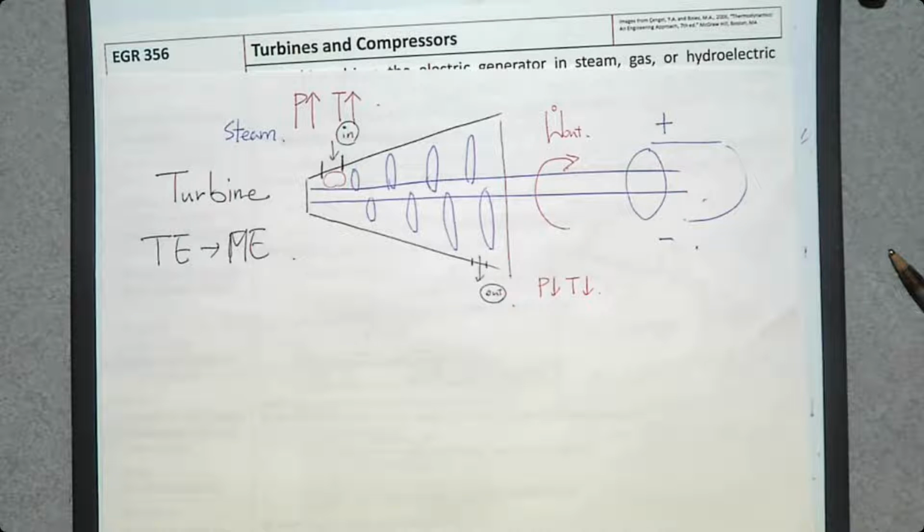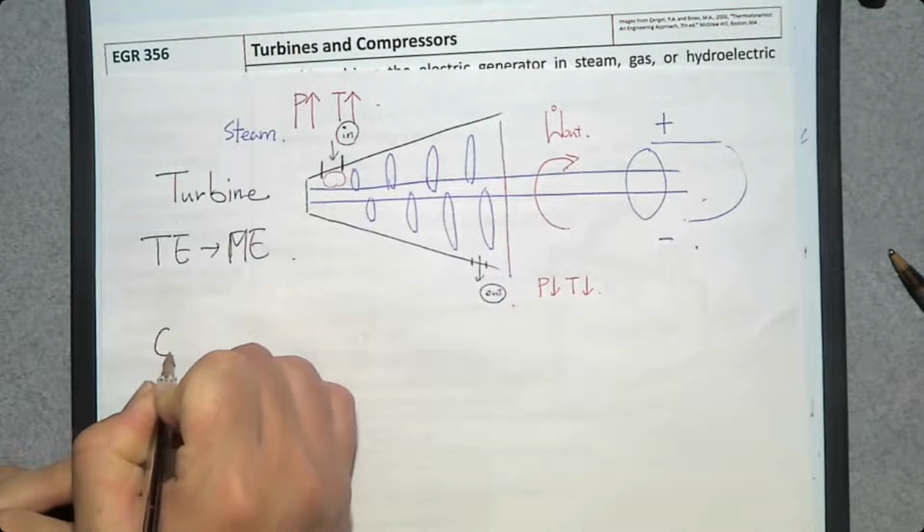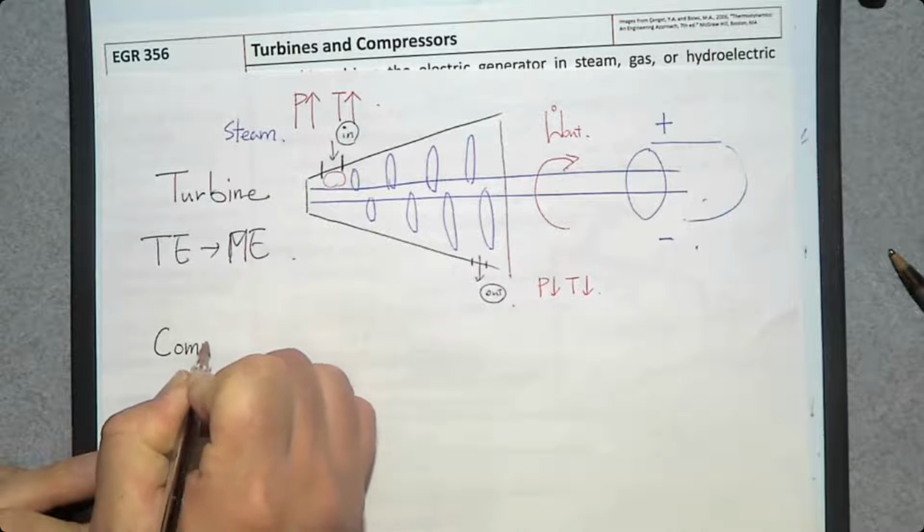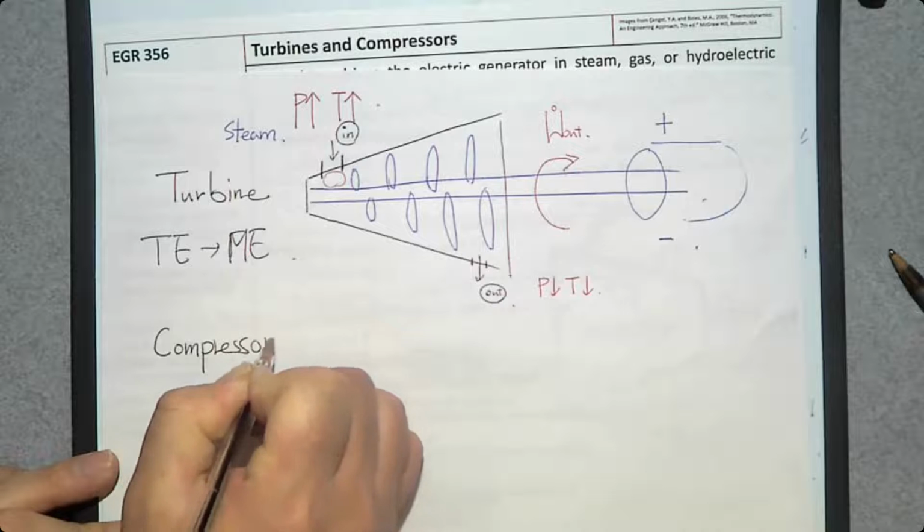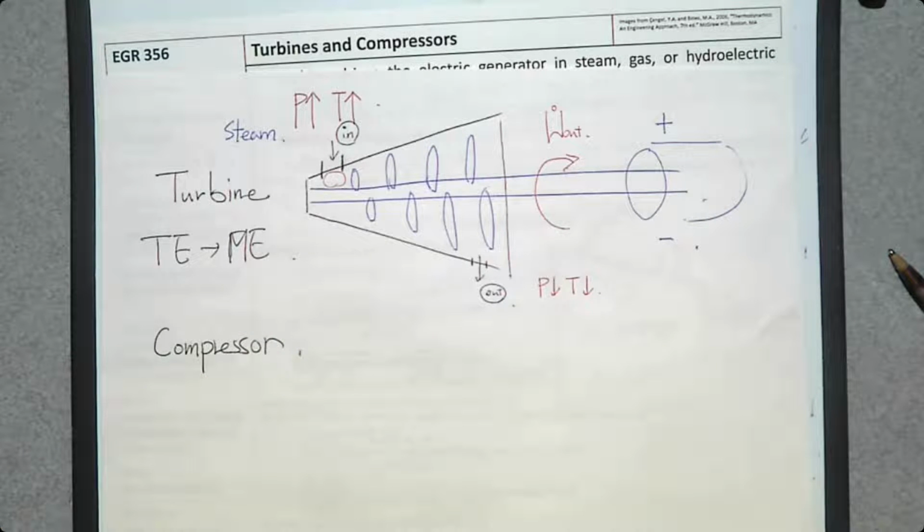That's not it. In this slide, we have turbines and compressors. Then why do we study compressors too? Because they look similar. Turbine is a device to convert thermal energy into mechanical energy. On the other hand, compressor is a device to convert mechanical energy into thermal energy.